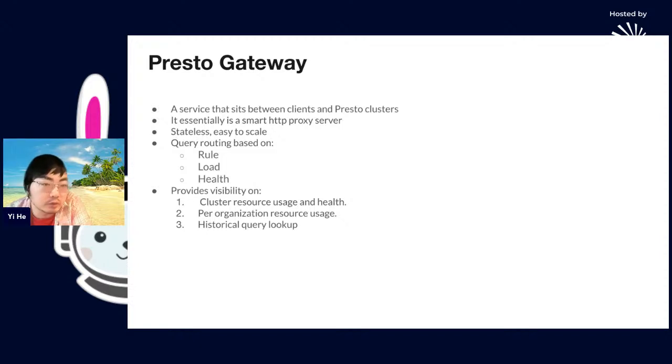We also route queries based on the backend cluster's load as well as health. Another thing we added on top of this Presto gateway is that we improved the UI a bit to provide visibility to our users on the backend cluster resource usage and health, and also the per-organization resource usage and historical query lookup.